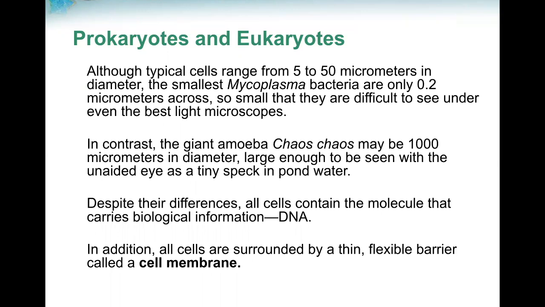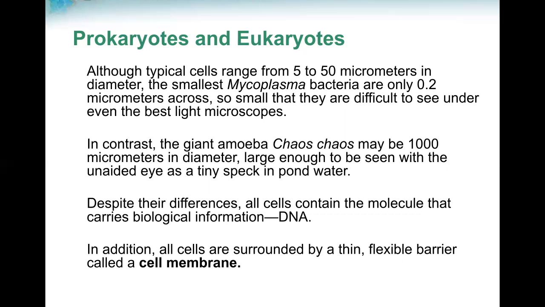Although typical cells range from 5 to 50 micrometers in diameter, the smallest mycoplasma bacteria are only 0.2 micrometers across, so small that they are difficult to see under even the best light microscopes. In contrast, the giant amoeba Chaos may be 1,000 micrometers in diameter, large enough to be seen with the unaided eye as a tiny speck in pond water.